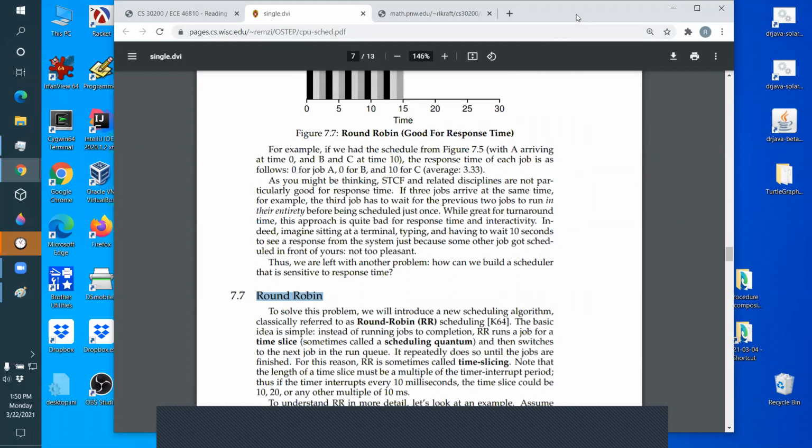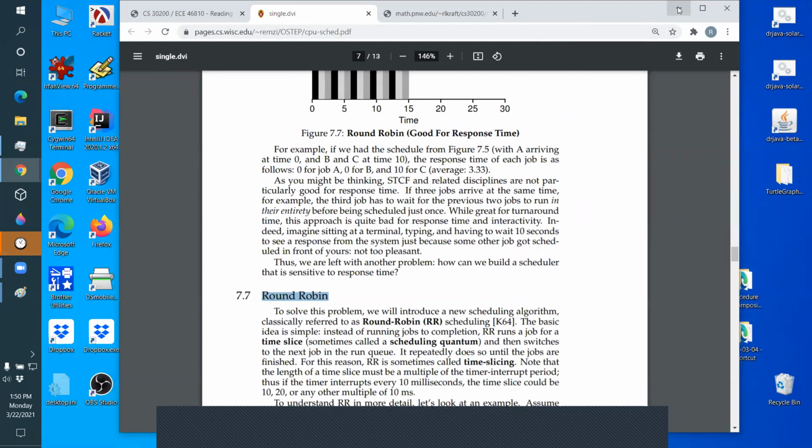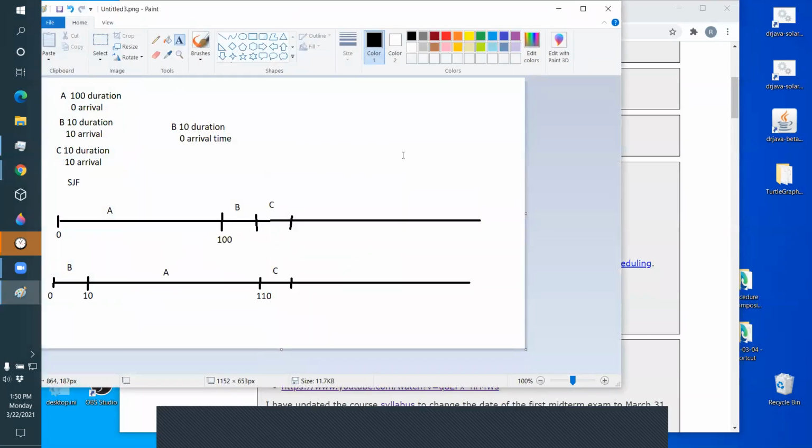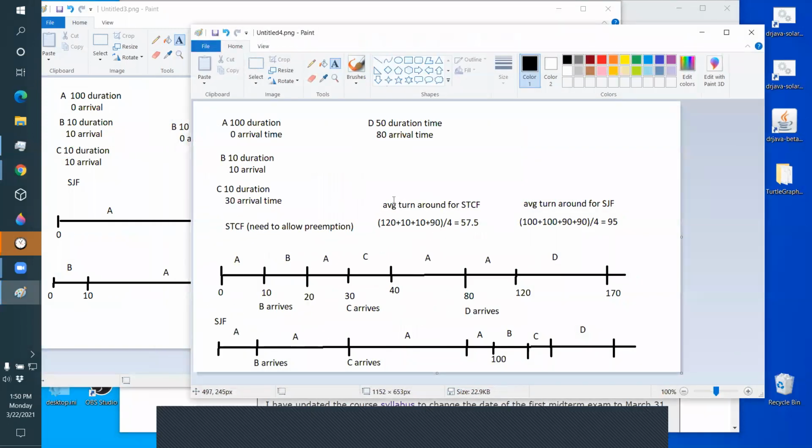On Wednesday, we'll do more of these timeline examples. When you do these timeline examples, that's where you build a sense of what these algorithms do to the metric. That's what we're really asking: given a metric like average turnaround time, what does the choice of algorithm do to the metric?